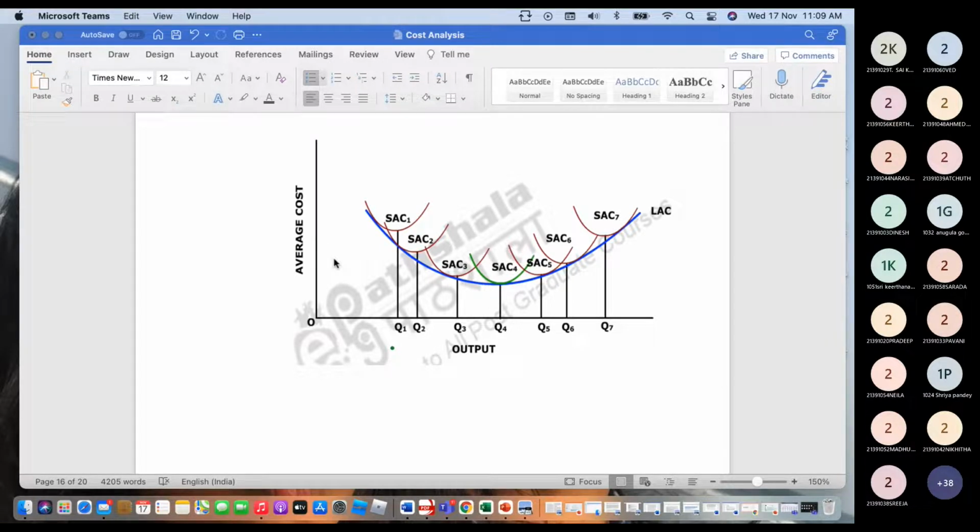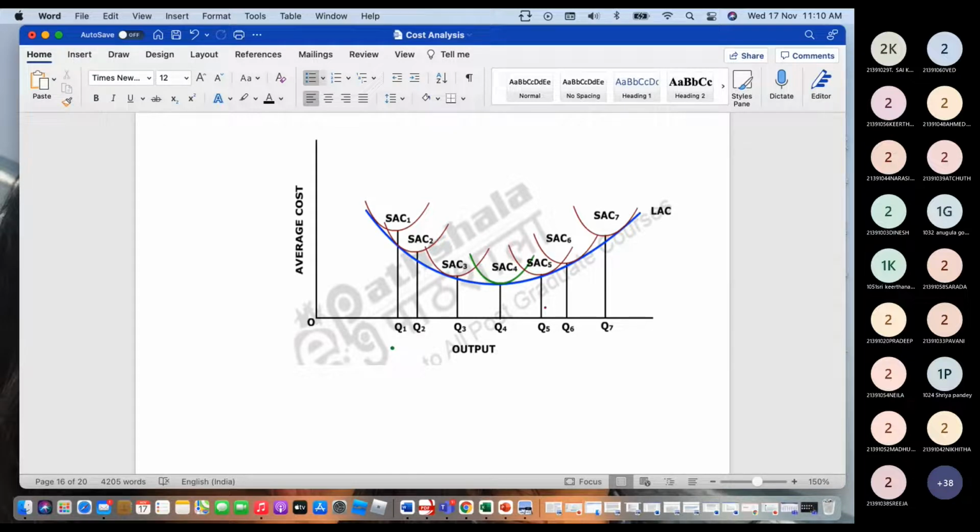It means as the firm increases its production process by employing more and more inputs, that is, increasing its scale of production, first the cost is going to decrease. Then at a level of output, it is going to be minimum. And after that minimum level of cost, the cost is going to increase.